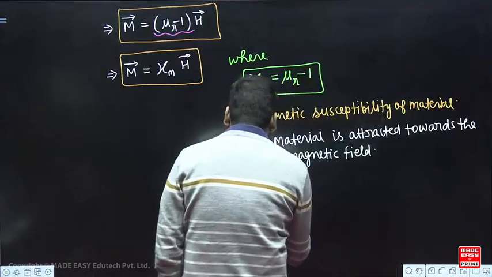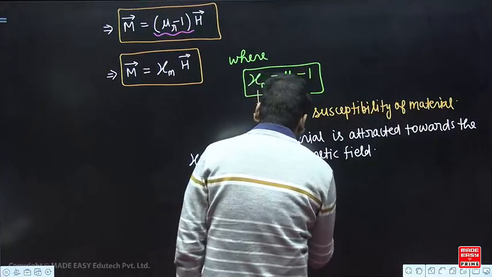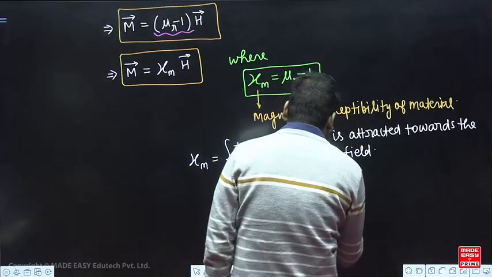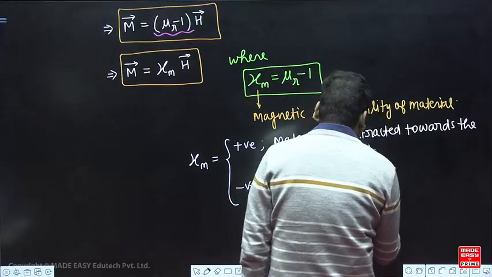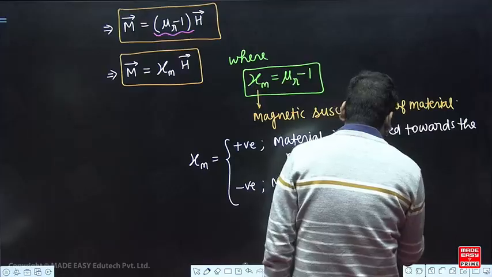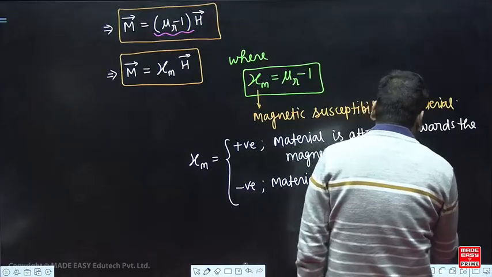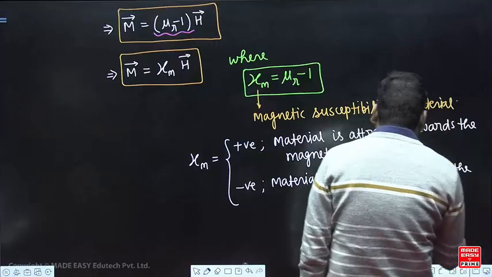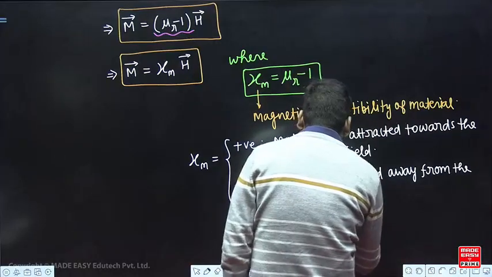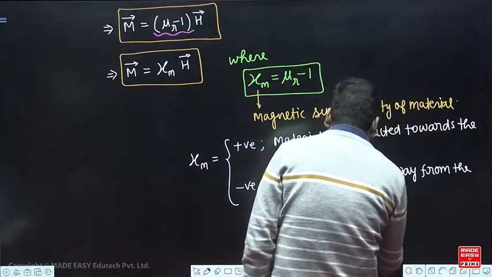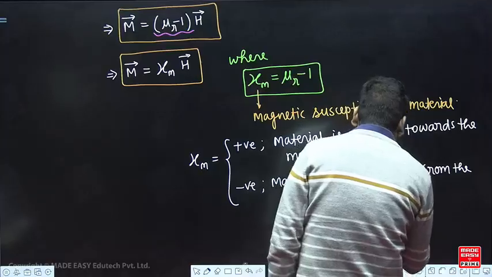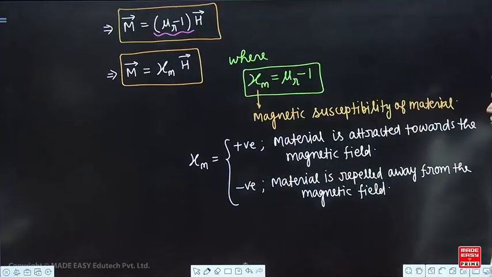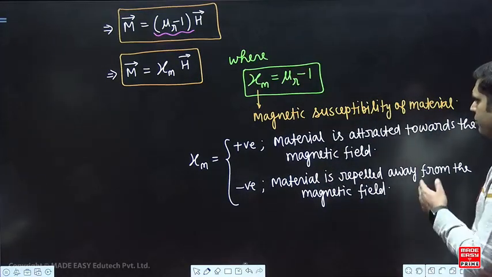And if it is negative, then the material is repelled away from the magnetic field. Right? So this is all about the material magnetization.